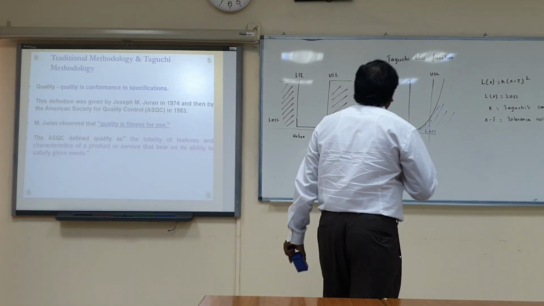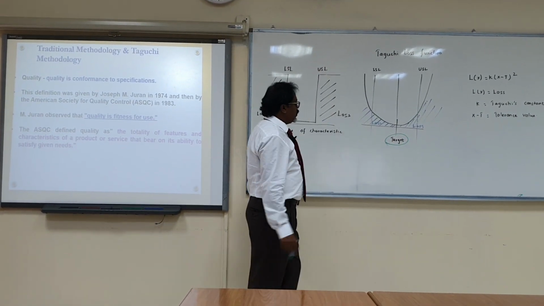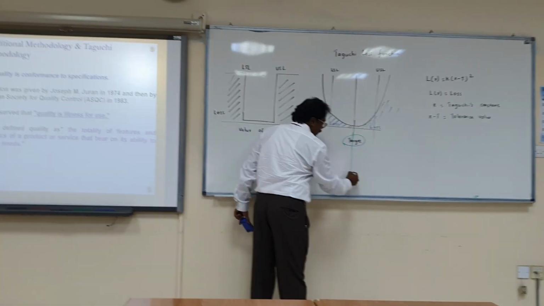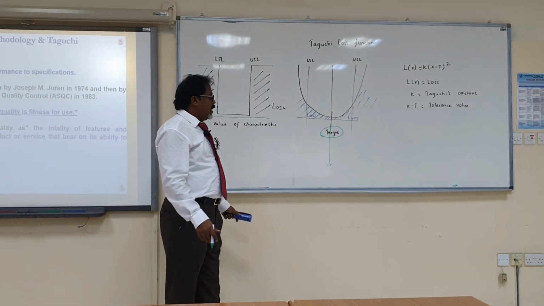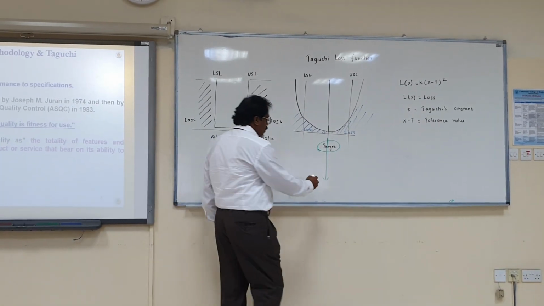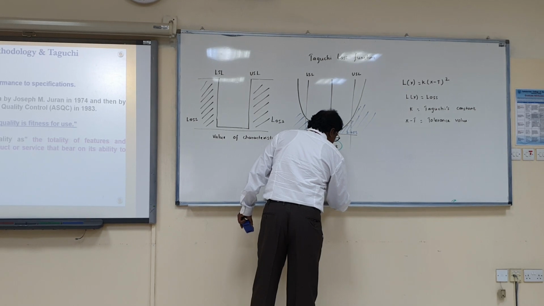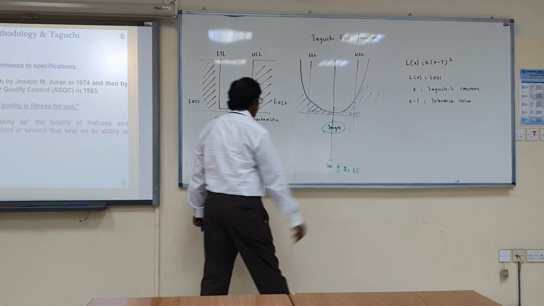But what the Taguchi loss function is saying, you see here, this one is the target. For example, when you buy a pump, it gives 100 liters per minute. Say it will give 100 liters plus or minus 20 liters, you assume.